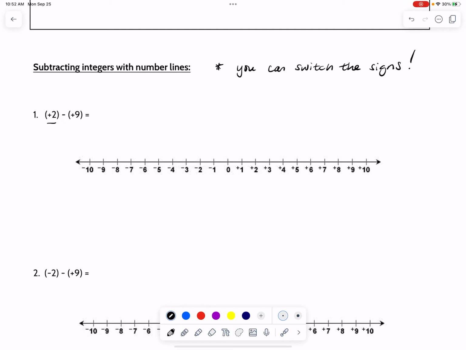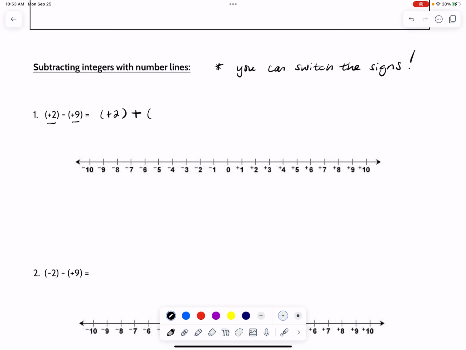So in this case, let's look at number 1 here. You have positive 2 minus positive 9. As part of your work, you need to rewrite the equivalent addition equation. So what happens is that first integer, you do not switch the sign, okay? But you switch the subtraction to an addition sign, and then you switch the sign of the second integer.